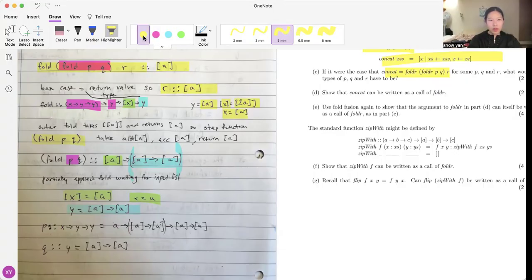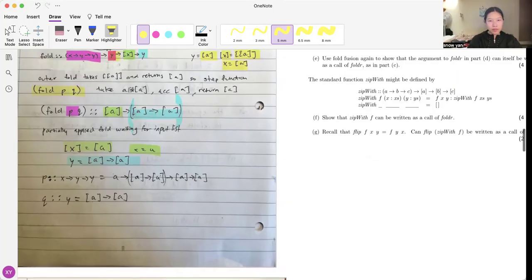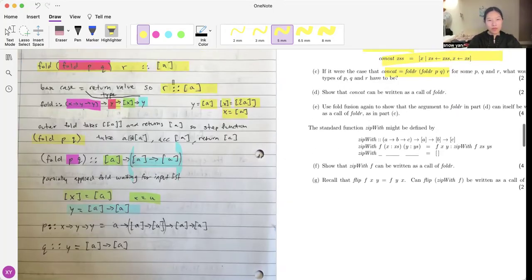I'm going to color it yellow then. If I color it yellow, then my Y would just be this thing over here. So then it would just be A to A. So that's how I find my type of P and Q, and R was found much earlier.